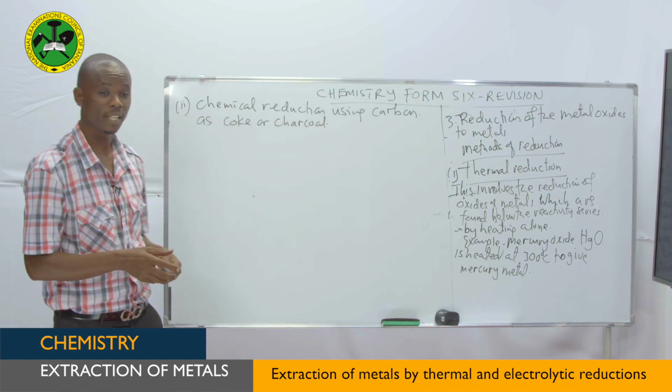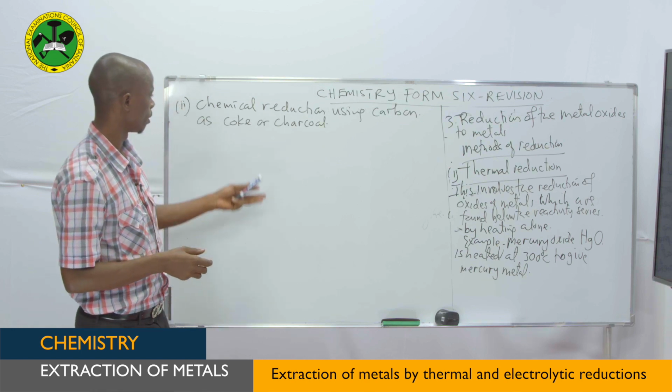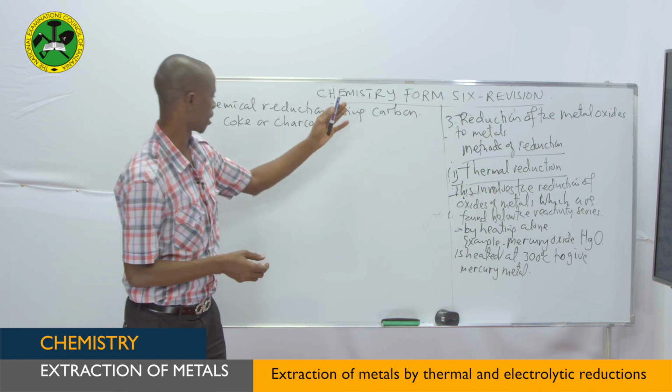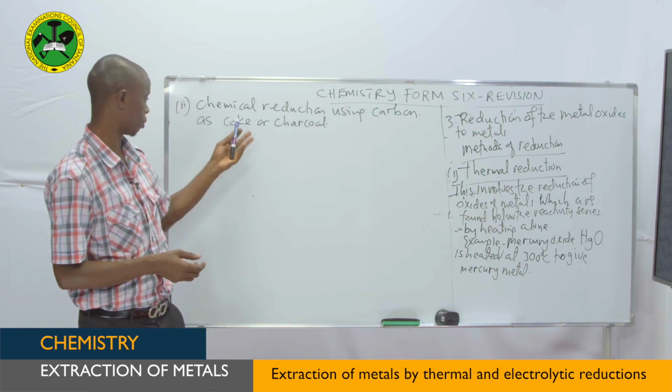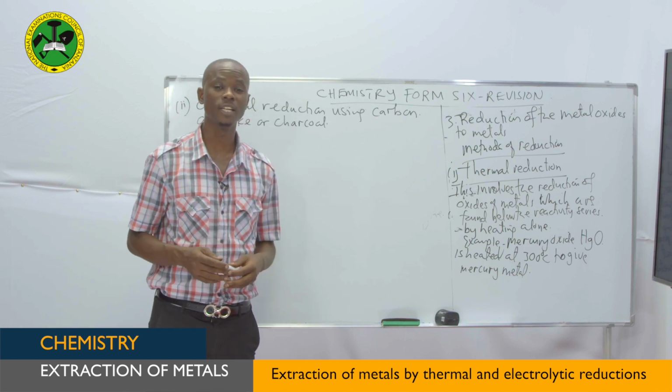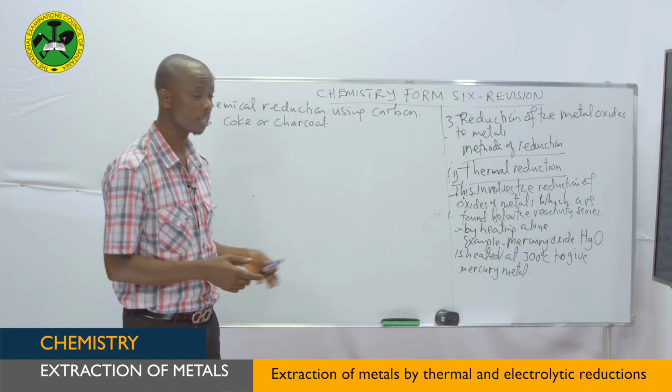You have studied this one at ordinary level. Reducing metal oxide using carbon, which is called coke or charcoal. For example, zinc can be obtained from zinc oxide by using carbon.